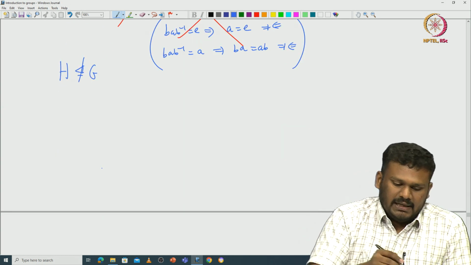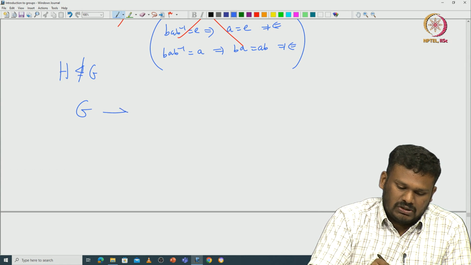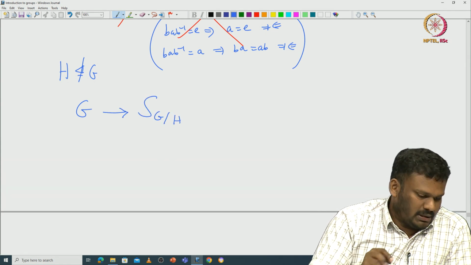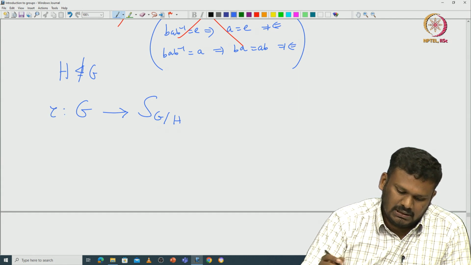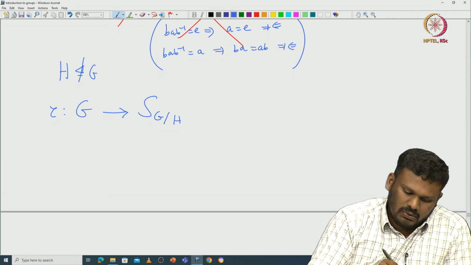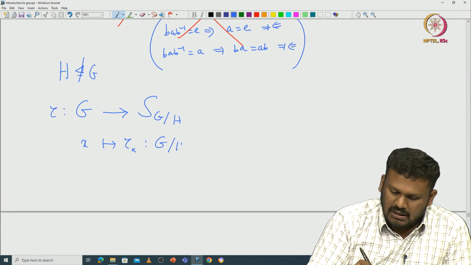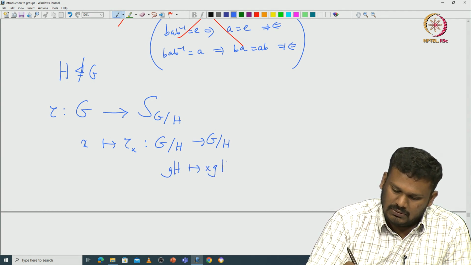But G naturally acts on all the cosets of H. G acts on this G modulo H via this left multiplication. So, define this tau where you take x and then send it to tau x. What does tau x do? It takes G modulo H to G modulo H, and it takes, for example, gH to xgH.